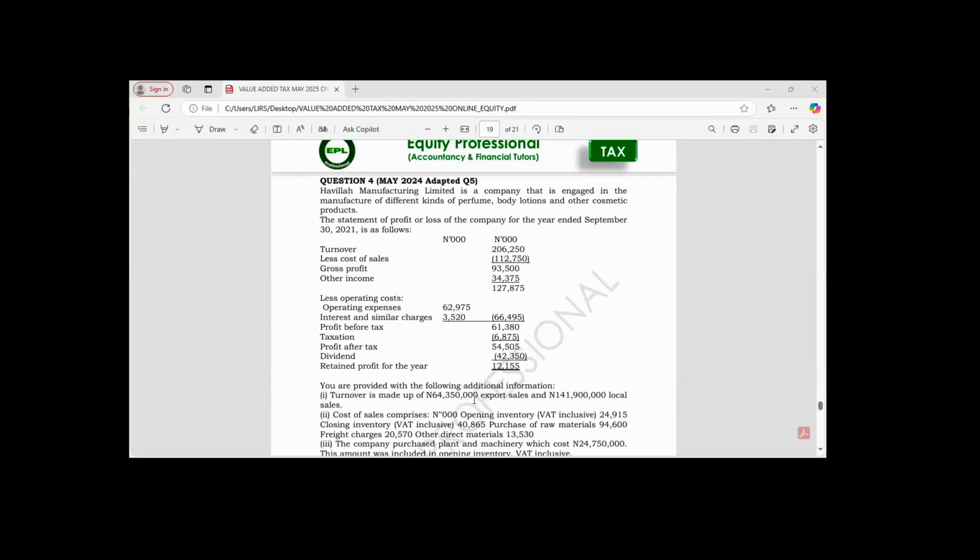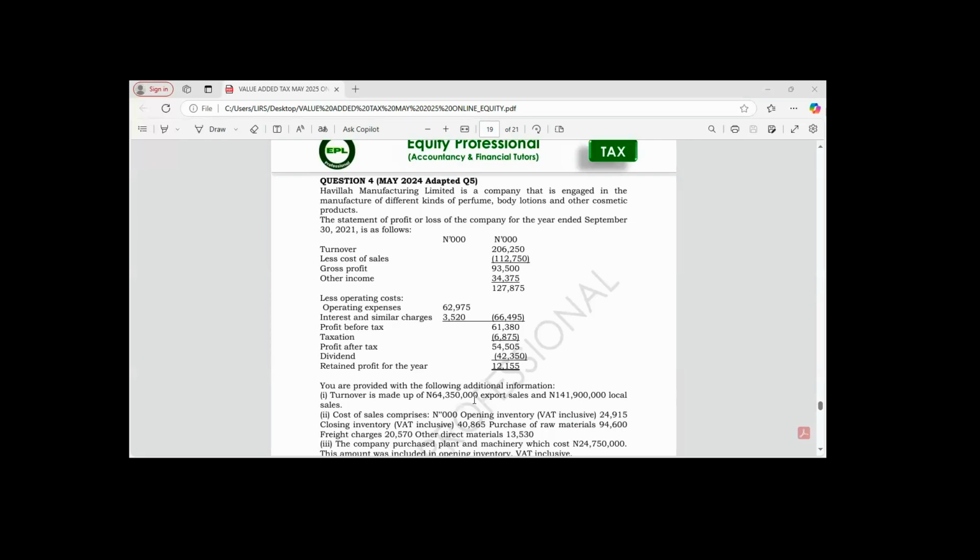The local. Why? Can you tell us the reason? Goods that are exported out of the country, I think they are exempted from VAT. Yeah, that's one reason.